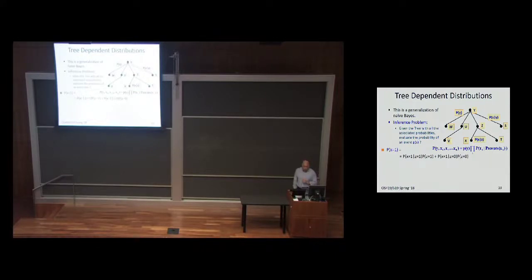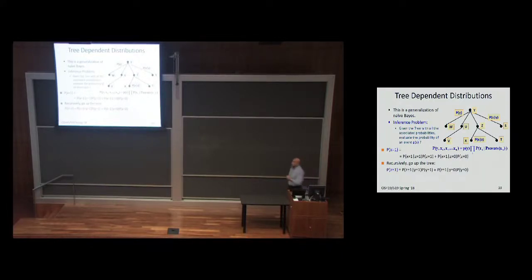You should know this. Now, I still don't know everything. I know P of X given Z, it's written, but I don't know P of Z. So I'm going to keep on climbing up the tree recursively.